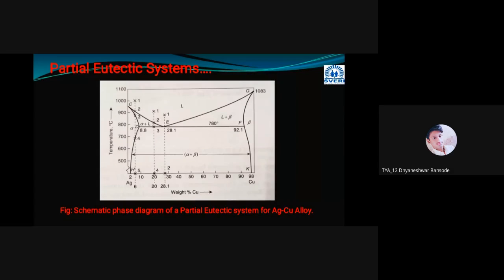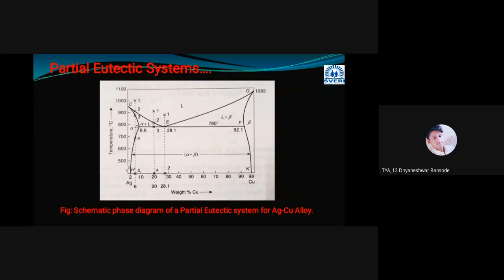Then the next is for 20% copper, a hypoeutectic alloy, and then the eutectic alloy. In the same way, towards the right hand side of 28.1, that is point E, there will be a hypereutectic alloy, and an alloy having another composition greater than 92.1% copper. That explanation will be there.